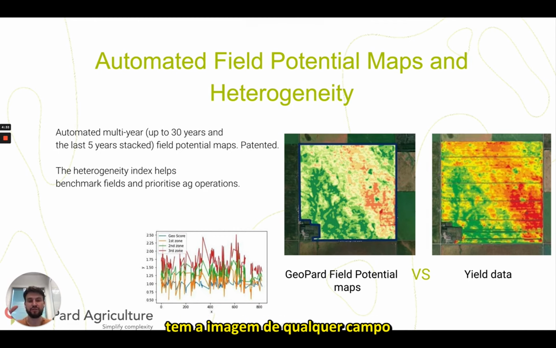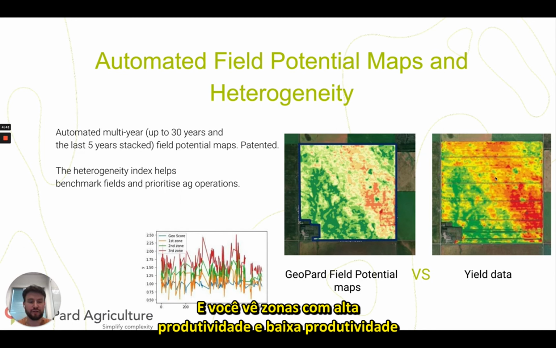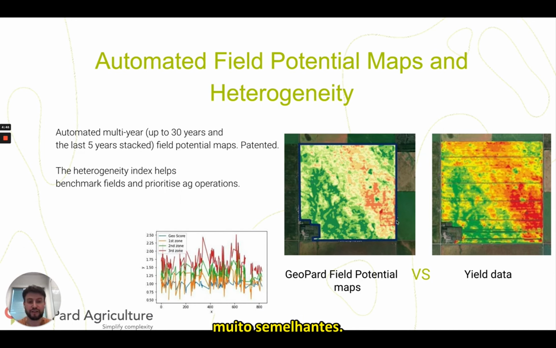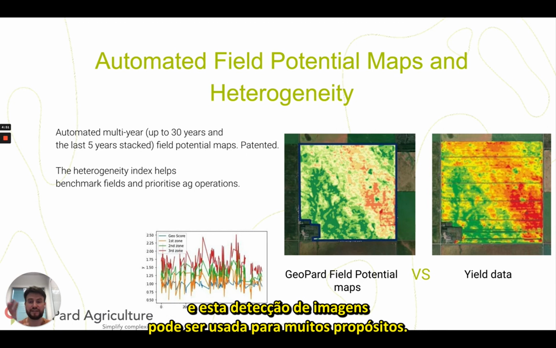You have a picture of a map of any field that correlates with yield data, and you see zones with high productivity and low productivity. They're very, very similar. And Geopard generates it in totally automated manner. It's patented by our system.